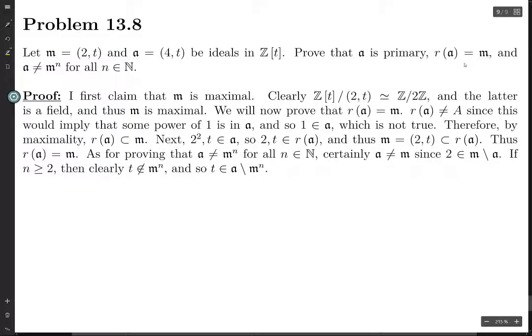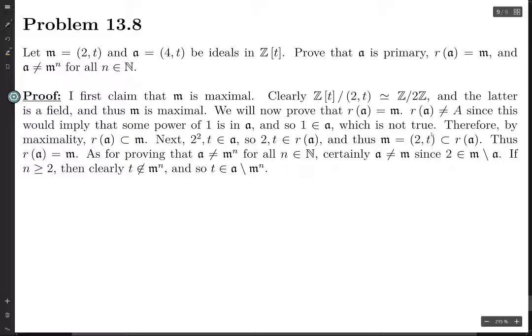The next thing we're going to prove is that the radical of a is equal to m. The radical of a is not equal to the whole ring, since if it were, then 1 would be contained in the radical of a, meaning that some power of 1 is in a, which means that 1 is in a.